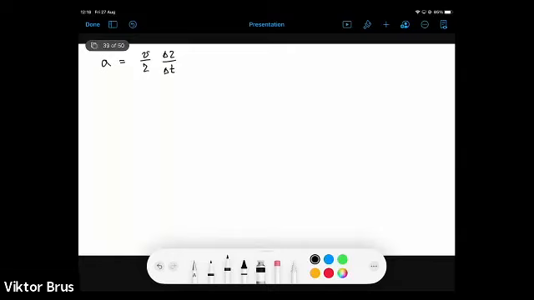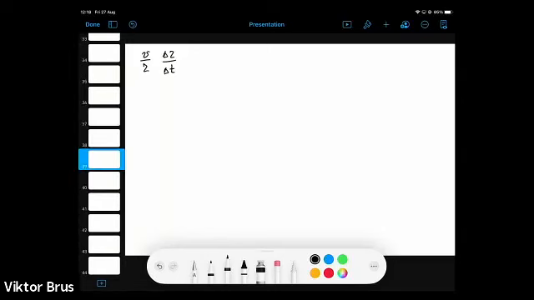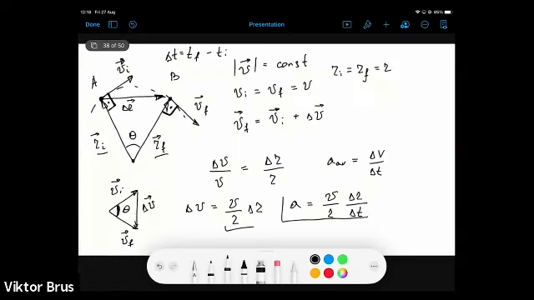Now let us assume that these points A and B come close to each other. We push these points closer to each other. In this case, delta T, the time interval, will also approach 0, because if we have a very small change in position, this change should happen within a very short time interval.